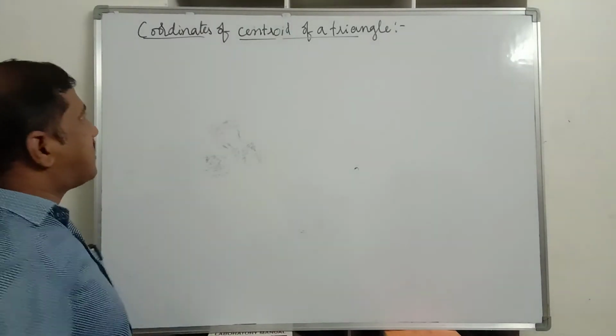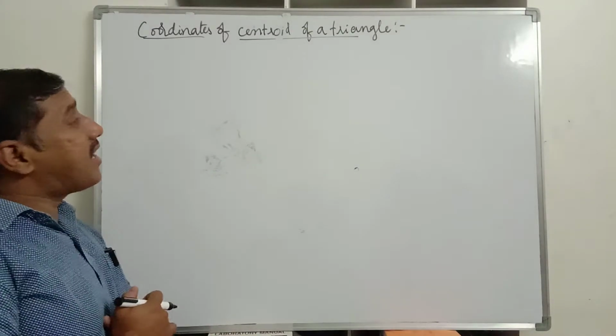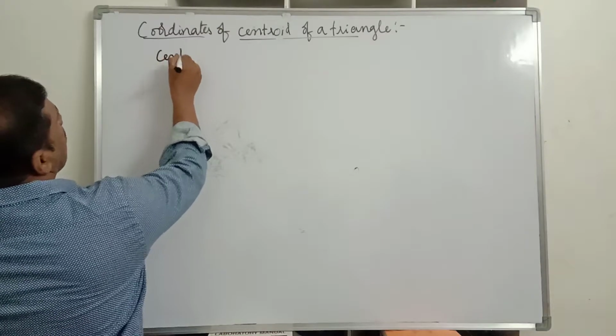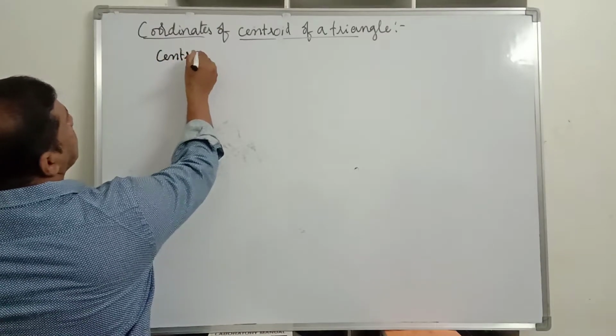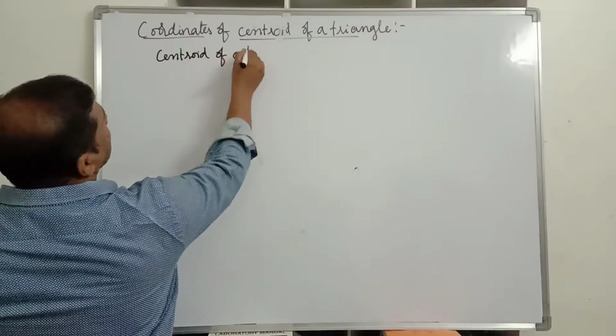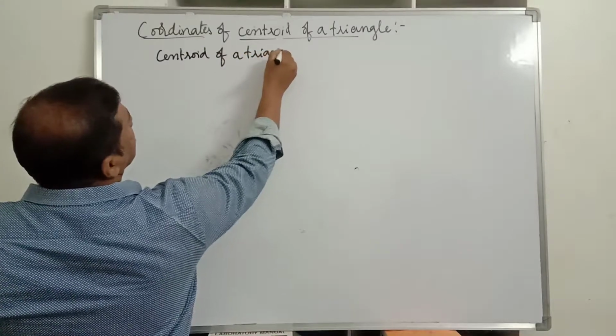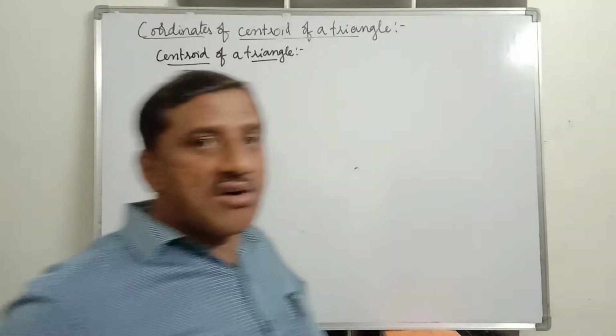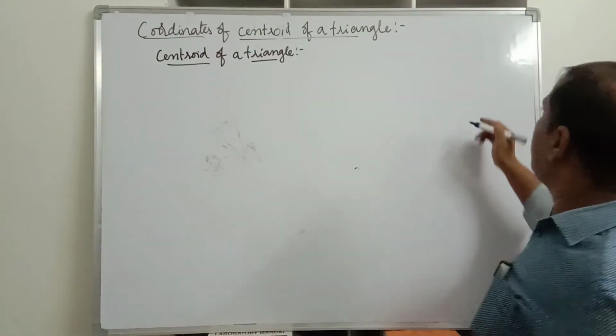Now we will discuss the coordinates of the centroid of a triangle. What is the centroid of a triangle? We have studied it in the lower classes. Centroid means the point of concurrence of all medians of a triangle.